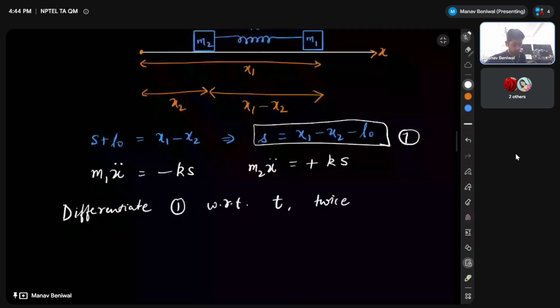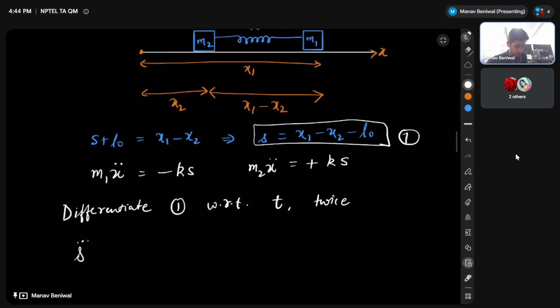That gives us s double dot equals x1 double dot minus x2 double dot, and because L naught is a constant, its derivative is 0.